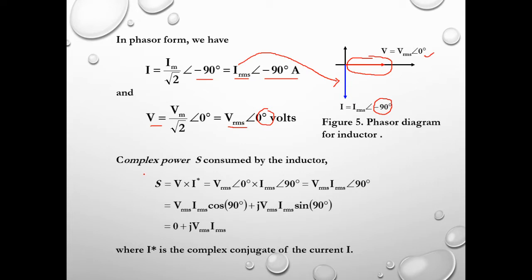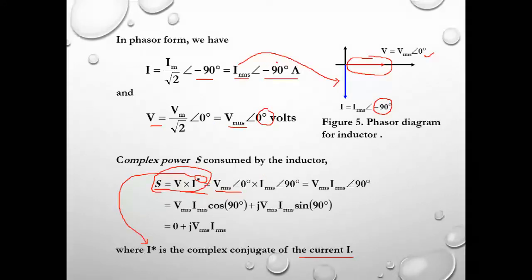Now the complex power S consumed by the inductor. We have S equal to V I conjugate, where the star symbol is the complex conjugate of the current I. Substituting V RMS at 0 degrees multiplied by I RMS, we can see the function of the conjugate.